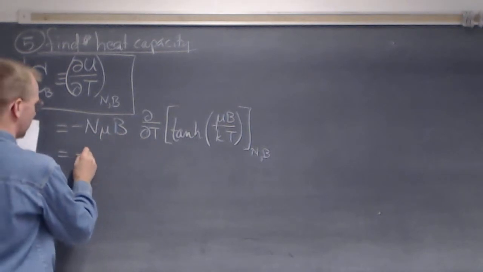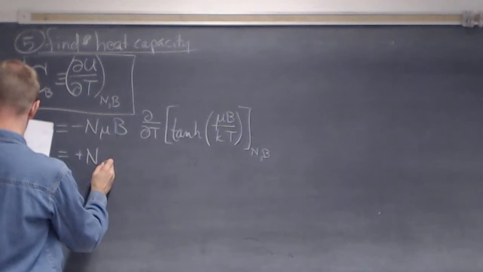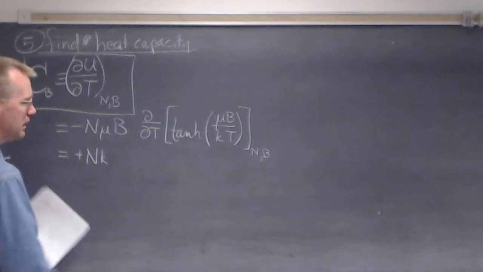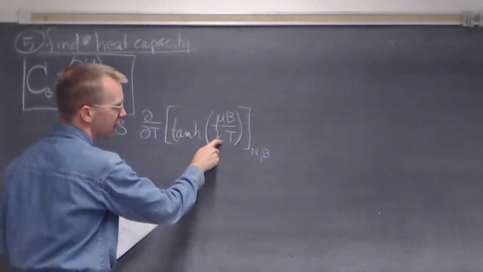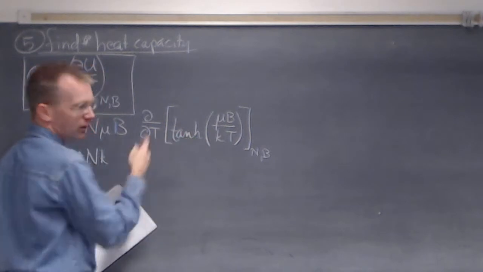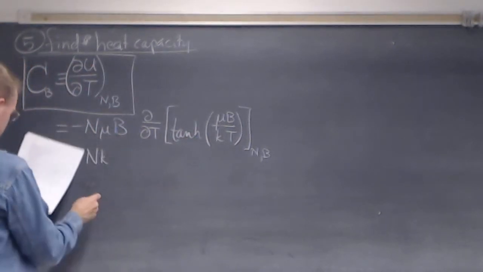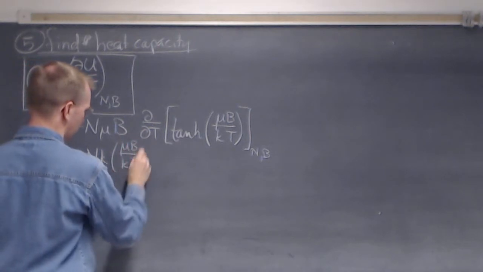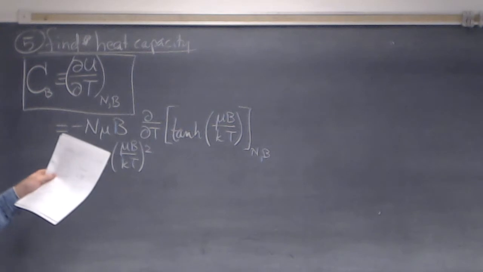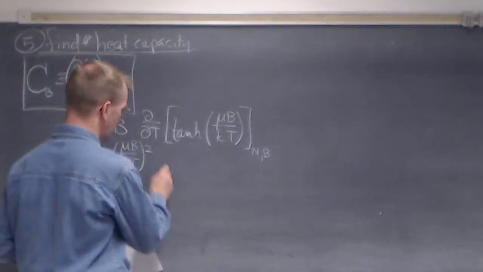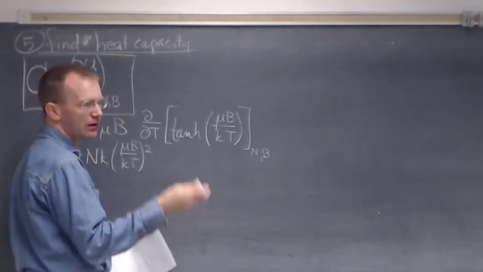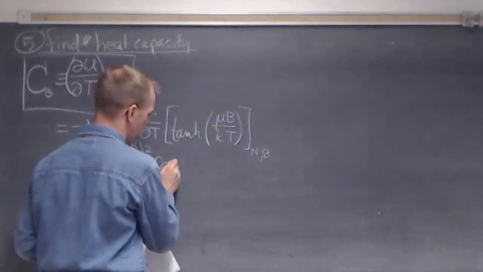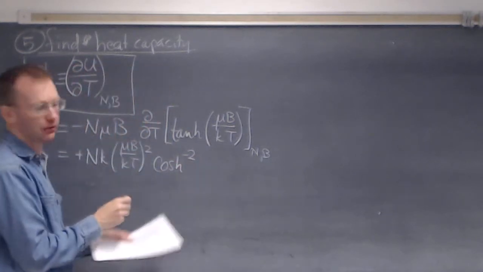All right, so we wind up with a positive sign. We've got Nk. Why did k come out? Because k was multiplied by the temperature, and we're taking the derivative with respect to temperature. Then we have mu B over kT, quantity squared, times 1 over hyperbolic cosine squared, or just cosh to the negative 2 power.